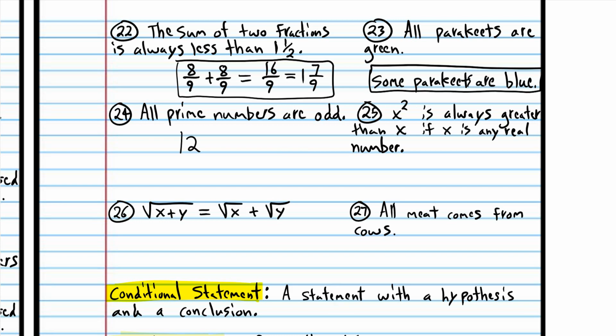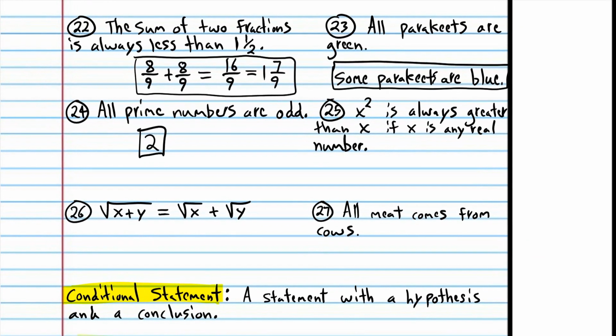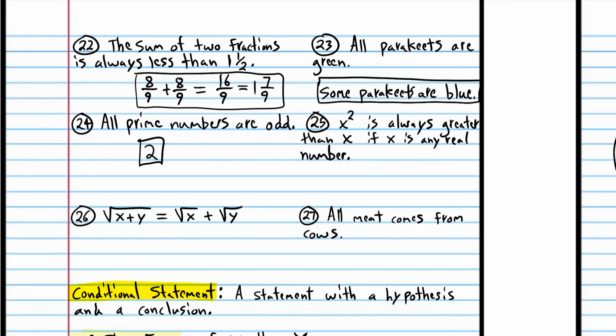A lot of people are kind of surprised to find out that 2 is a prime number, but it's actually defined to be a prime number. All right, so we disproved that statement because 2 is not odd. Try number 25. When you come back, we'll do it together. All right, we're back.